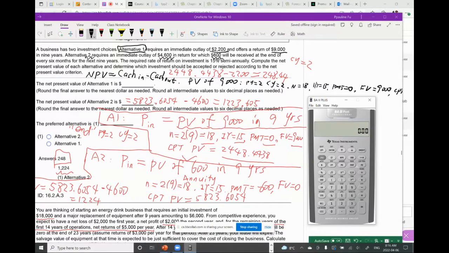And then what is the present value of the annuity? 600, for 9 years. Each year, you receive 2 payments. You receive a payment every 6 months. So term N is 18. Interest is 15.